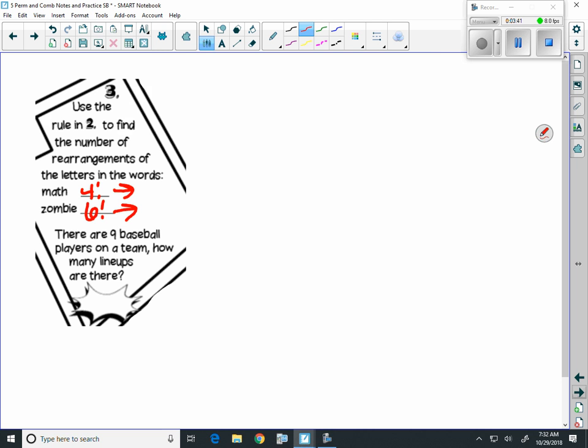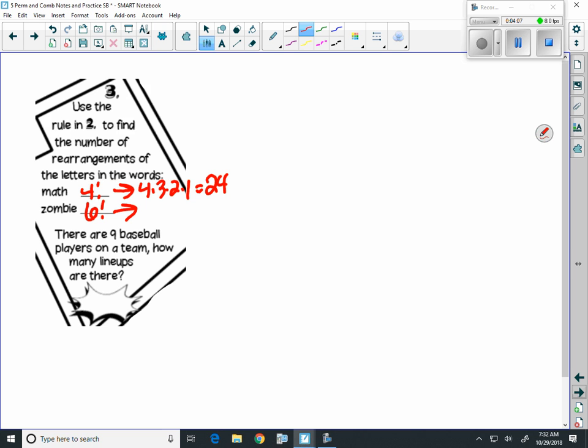I'm not going to make you necessarily multiply these out all the time, but just for the sake of doing these problems, we're going to do it. So this would be 4 times 3 times 2 times 1. What's 4 times 3? 12. Times 2? 24. Times 1? 24. So there's 24 different ways of rearranging the word math.